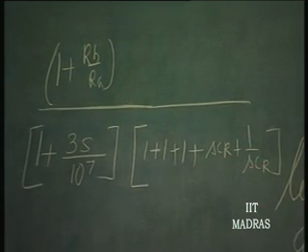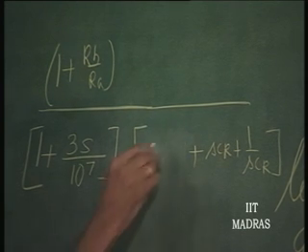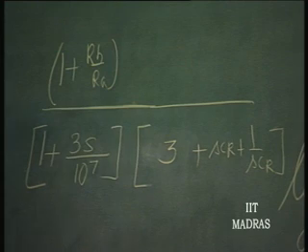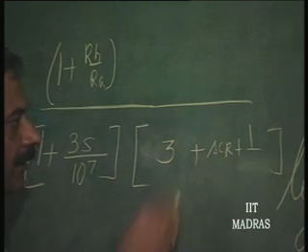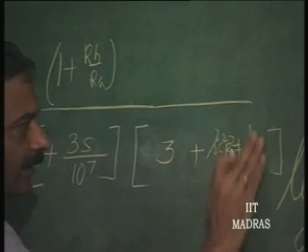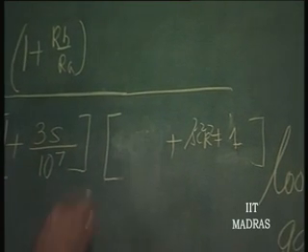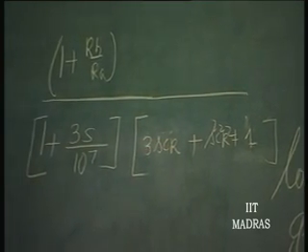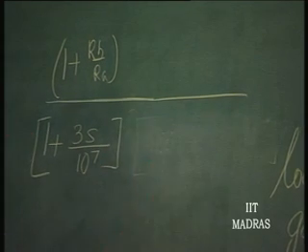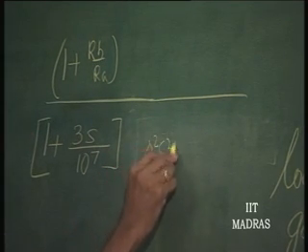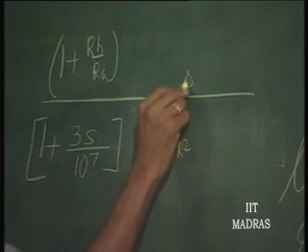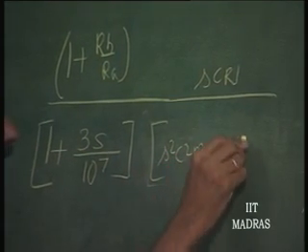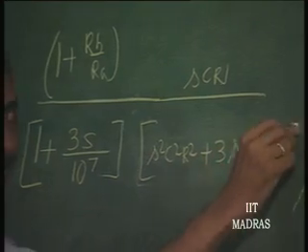That means, actually speaking, this is 3 plus SCR plus 1 over SCR, which I can normalize now. S squared C squared R squared, this will be 1 and this will be 3SCR, and therefore, I will rewrite this as S squared C squared R squared. Of course, you get SCR in the numerator, plus 3SCR plus 1. Okay.